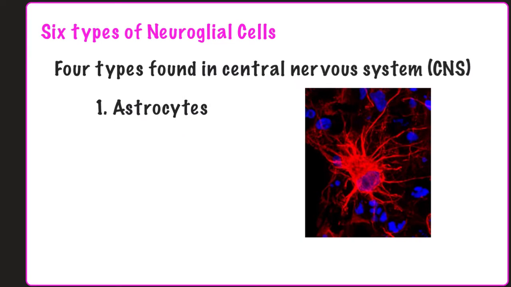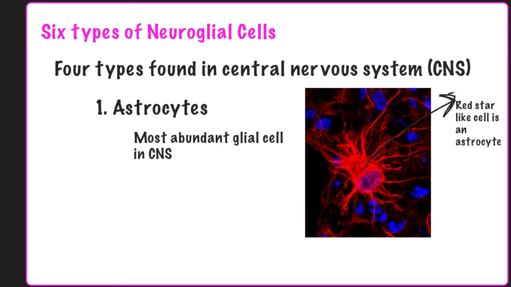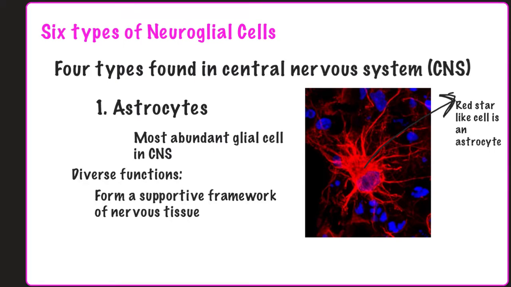Astrocytes are actually the most abundant glial cell in the central nervous system. They have very diverse functions, which include that they form a supportive framework of nervous tissue. They have extensions, which are referred to as perivascular feet. These extensions connect blood capillaries that stimulate them to form a tight seal called the blood-brain barrier.